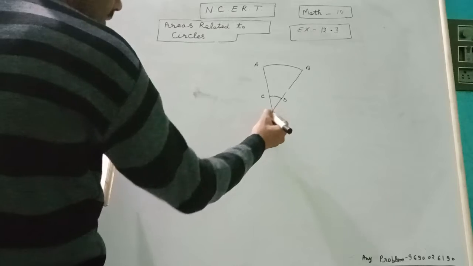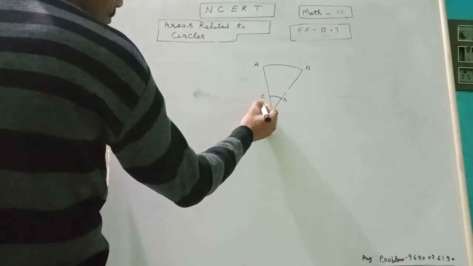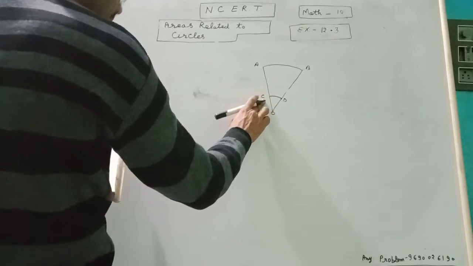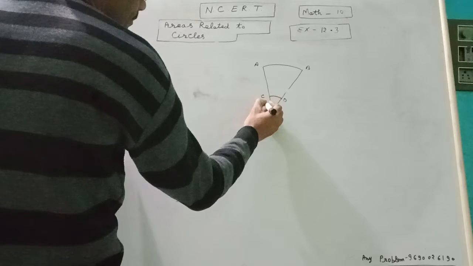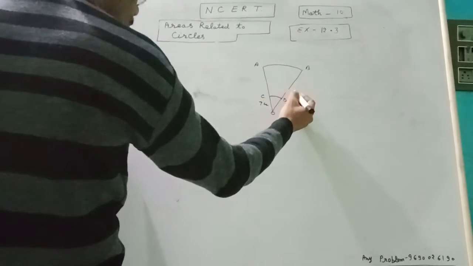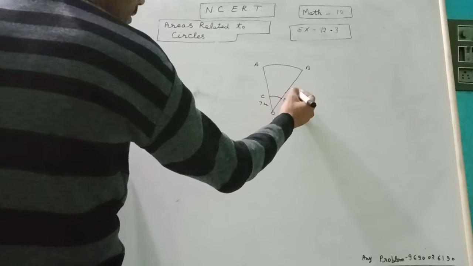O is the center, CO is 7 cm, and OB is equal to 21 cm.